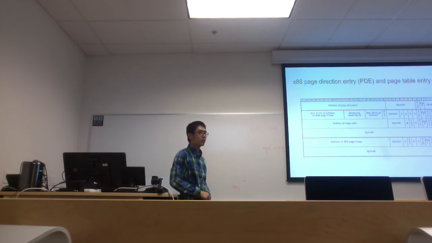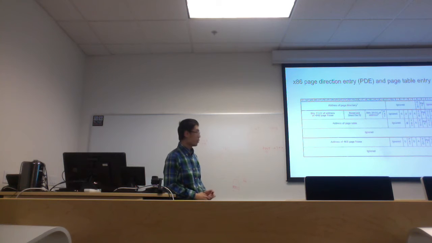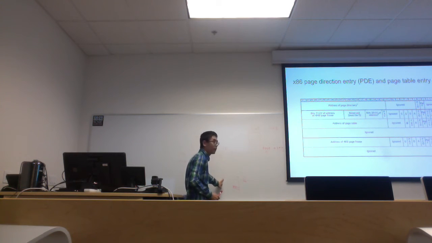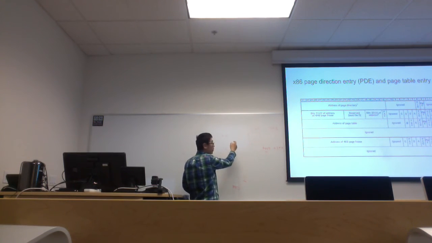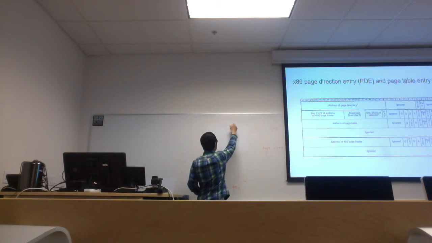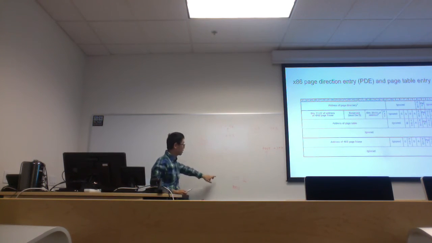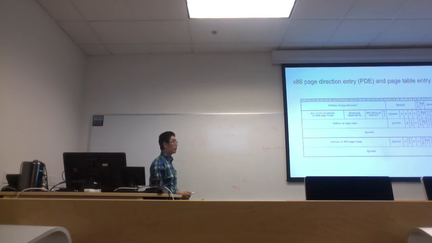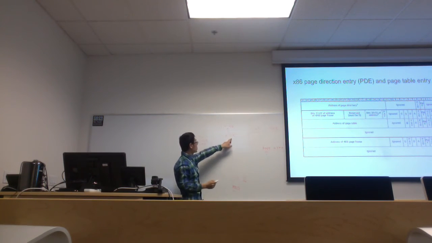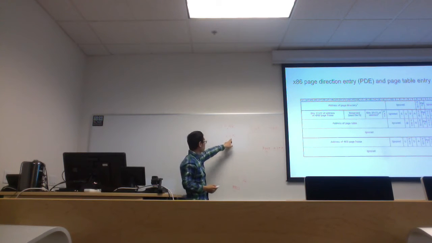Why do you only use the upper bits? We're translating page 10 to page 0. What's the address area of page 10? It's 10 times 4K to 11 times 4K, right? This address range is covered by virtual page 10. Okay, I only need to store this 10 or 11. I don't need to store those bits addressing the internal page offset.